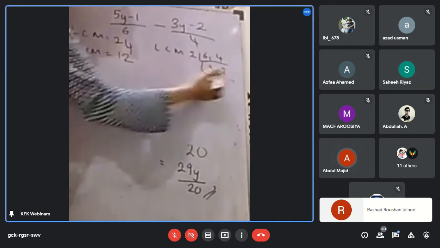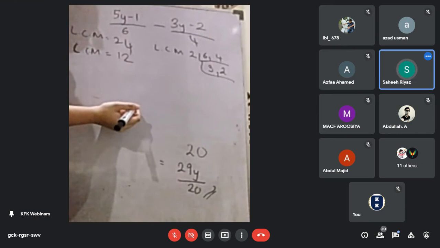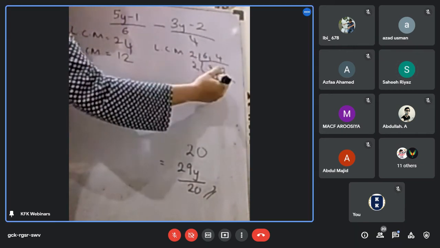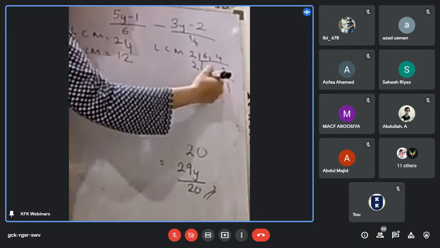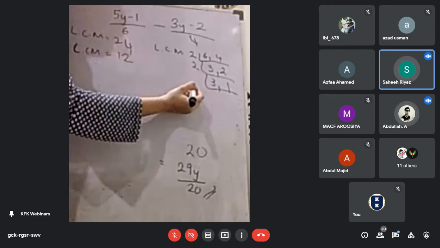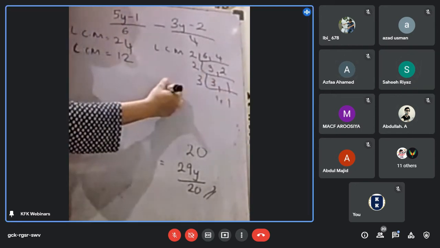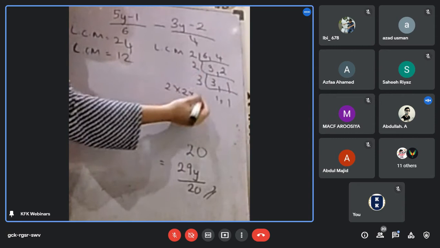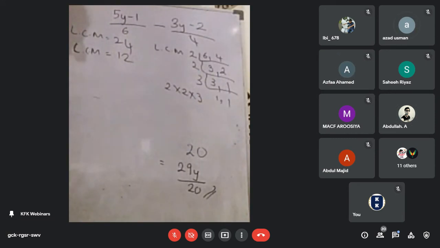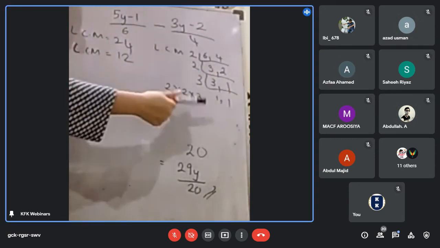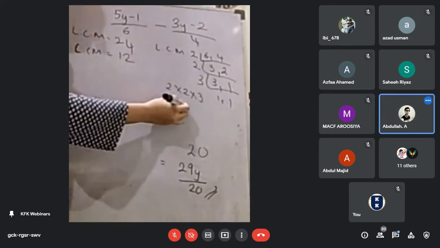Now second number? 2. So 3 will remain, 1. What is the third number? 3. So 1 and 1. Therefore, what's the LCM? 2 into 2 is 4, 4 into 3 is 12.